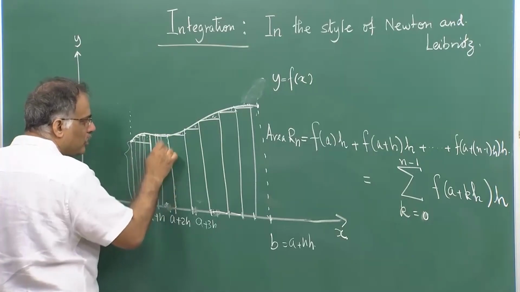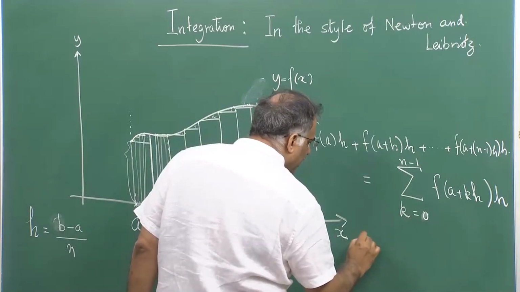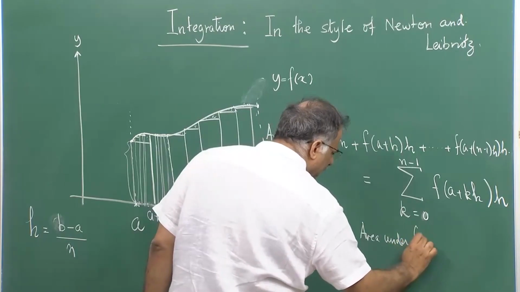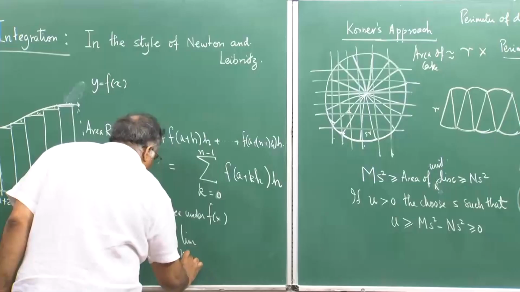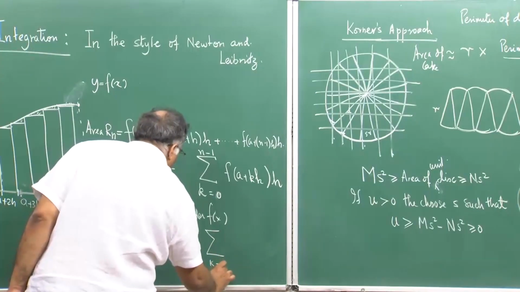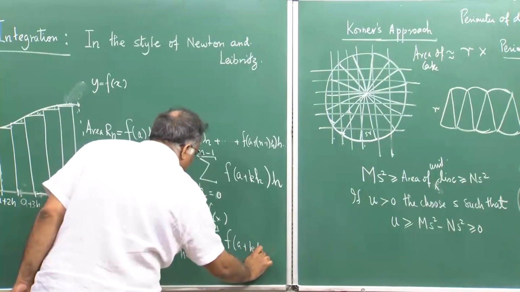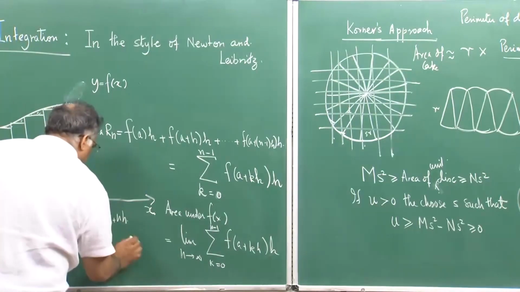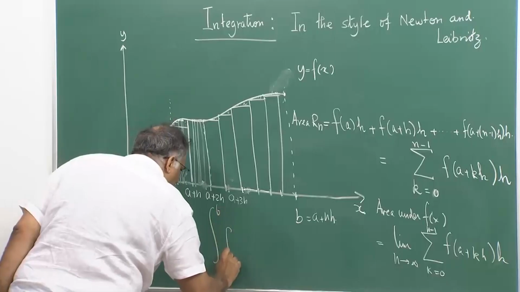So ultimately, the area under the curve, so area under f(x), is the limit as n tends to infinity of the summation. As I told you, everything is a name given to special kinds of limits. And this limit is what we called the integral from a to b of f(x).